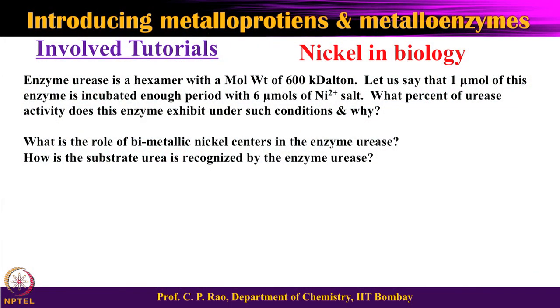What is the role of the bimetallic nickel center in the enzyme urease? How is the substrate urea recognized by the enzyme urease? This is more or less the kind of answer I gave for the dinuclear iron center present in phosphatase. So, what did I tell there? One of the iron centers is providing a space for binding, the other iron center is providing a nucleophile to attack, and thereby you have a cleavage, exactly the same.